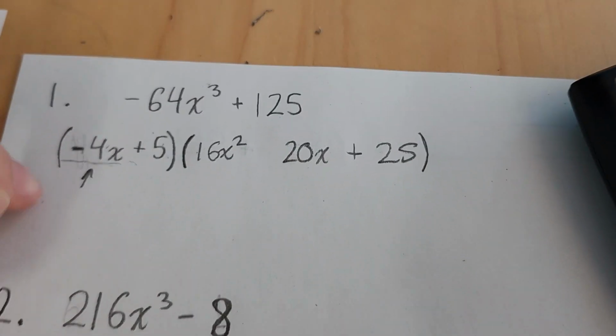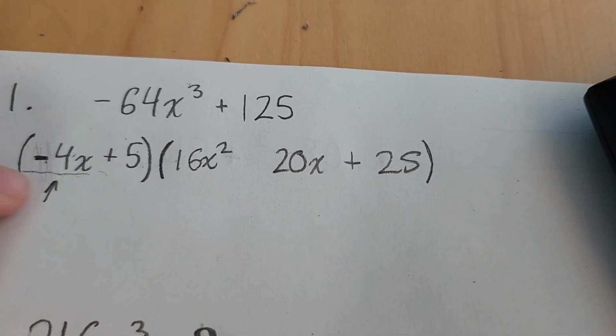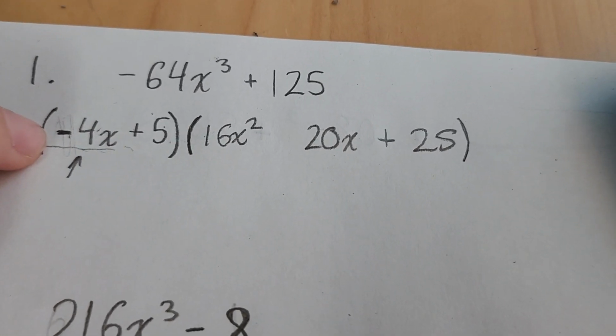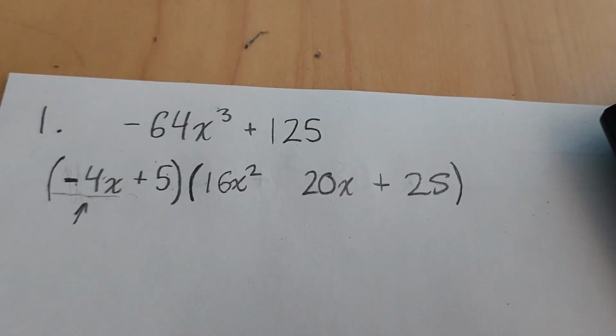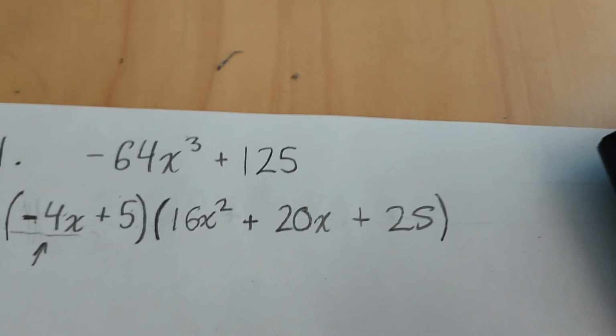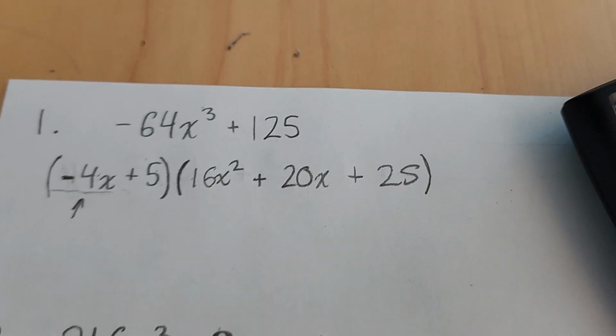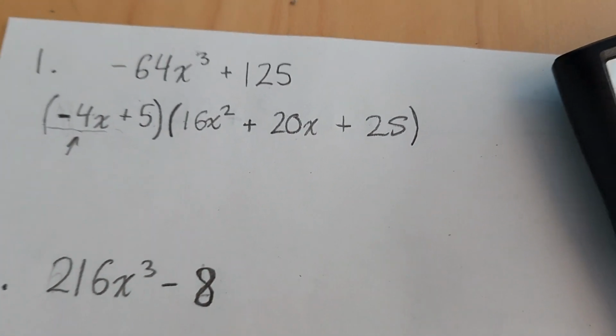And now, I told you, in this first term, if there are any negatives, see, this negative 4x, that's a negative, right? If it was negative 5, that would also be a negative. If there's any negatives in that first term, that's a positive. All right? That is my rule of thumb. And I'm actually not sure.